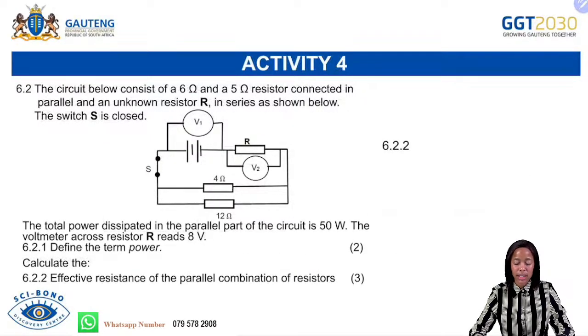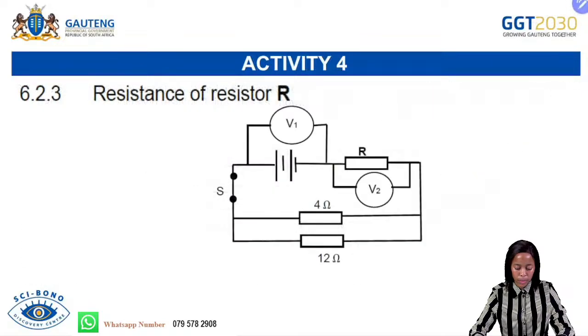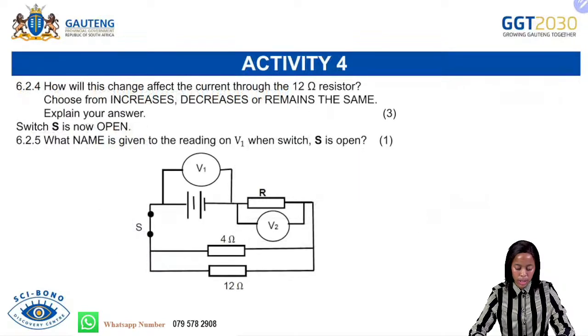Then we had the following, which is again from the previous question papers, so that was going to be your 6.2. Then again, the question continues, so you can complete this as your homework. Then it's 6.2.4.